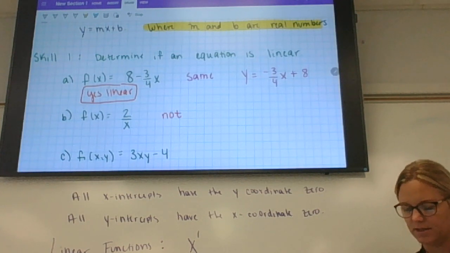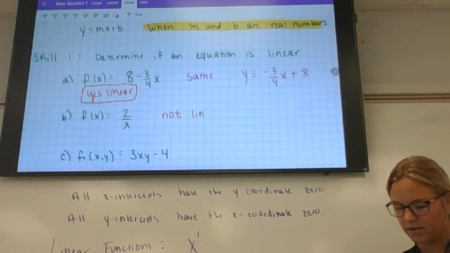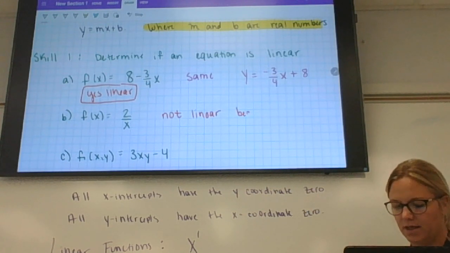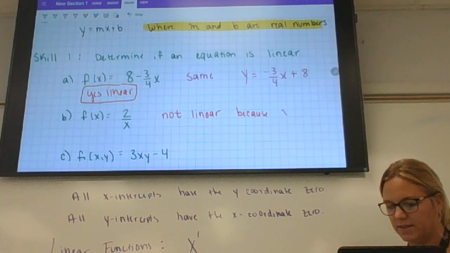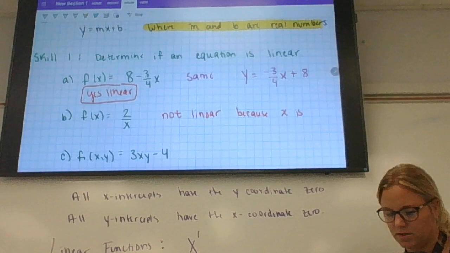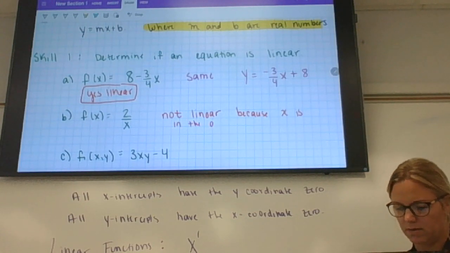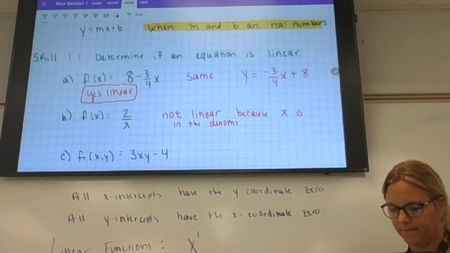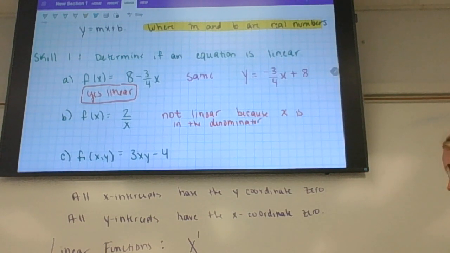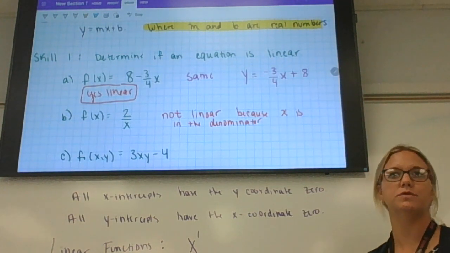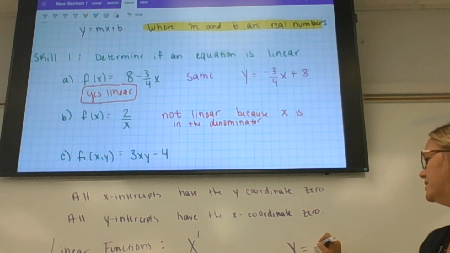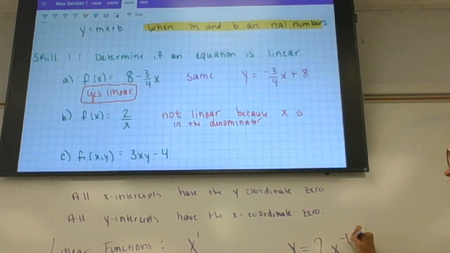Okay, letter B is an example of something that is not linear. I'm going to explain that by saying because x is in a denominator, and that breaks the rule. I don't know how many of you remember your rules of exponents, but if x is in a denominator, I could write that as y equals 2x to the negative 1.